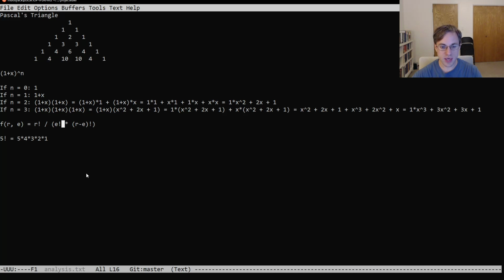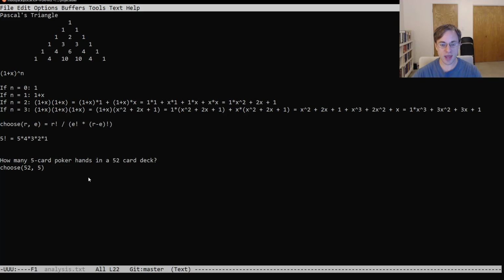In particular, if we wanted to know how many 5-card poker hands there are in a 52-card deck, the answer is going to be 52 choose 5. And so, similarly up here, this is not going to be f. I'm going to use this function choose. That's the notation that I'm going to use to describe the binomial coefficients.